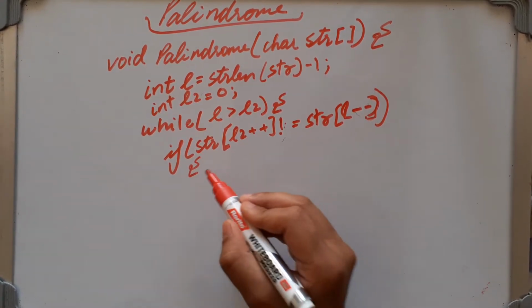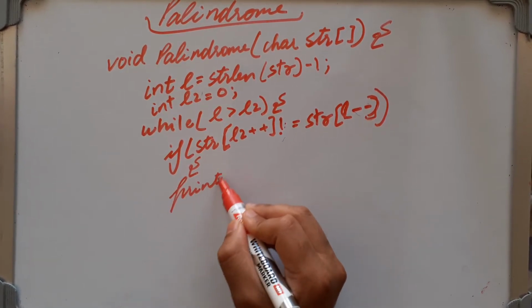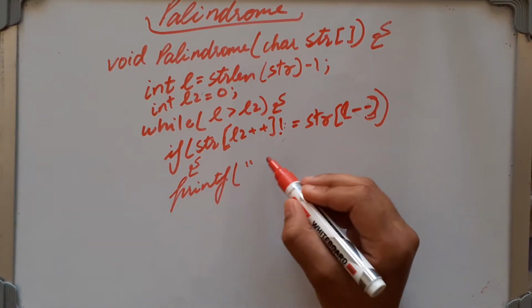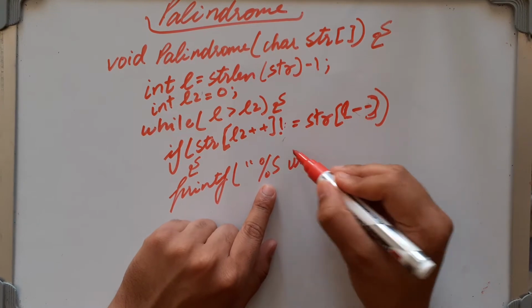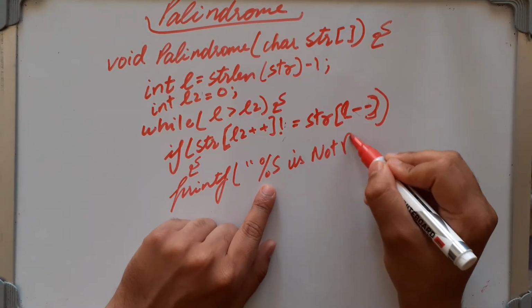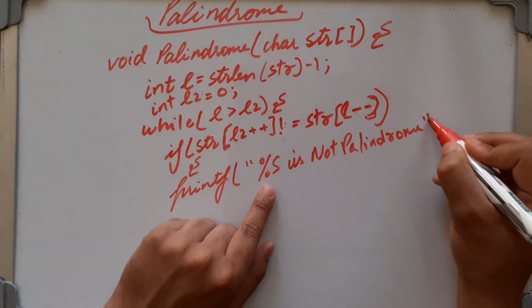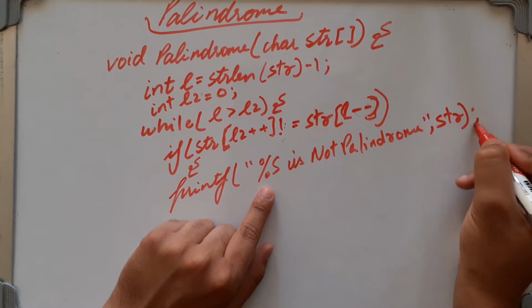Now in this, straight away printf with %s. Earlier I told you %s is used for string printing, is not palindrome. You can print like this and in the end print str.